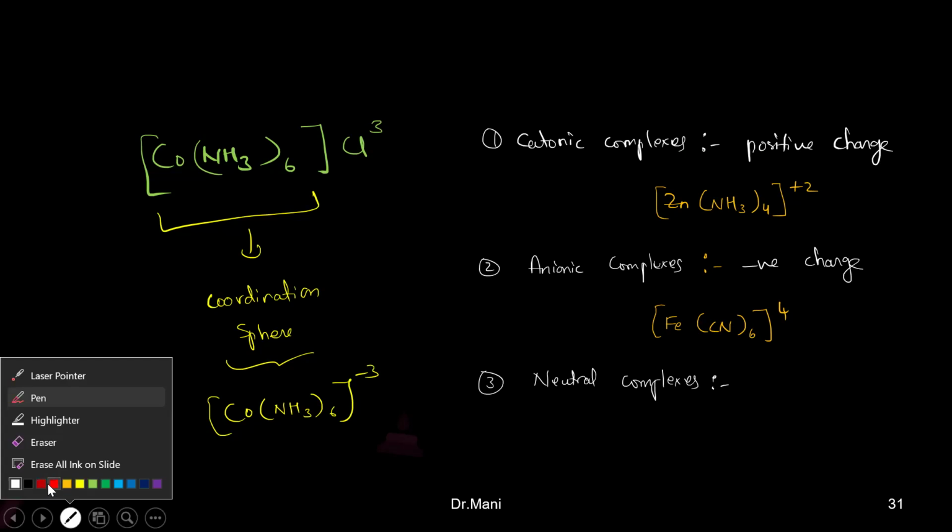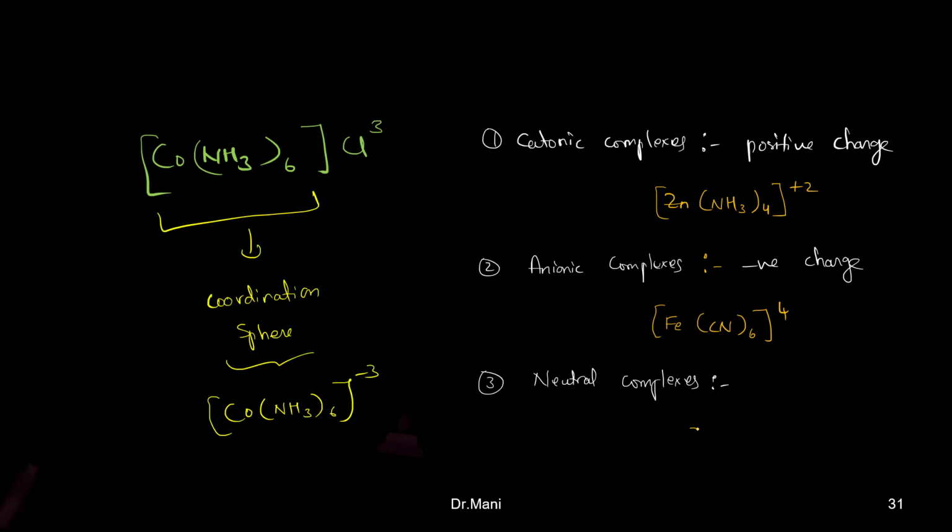Sorry, the neutral complexes. You can take the example Ni(CO)4. Okay, that means you can say here, whatever the nickel charge is there, it is completely balanced with the carbonyl, and there is no net resultant charge. Whereas here there is some extra charge. That's why it's actually a -4.